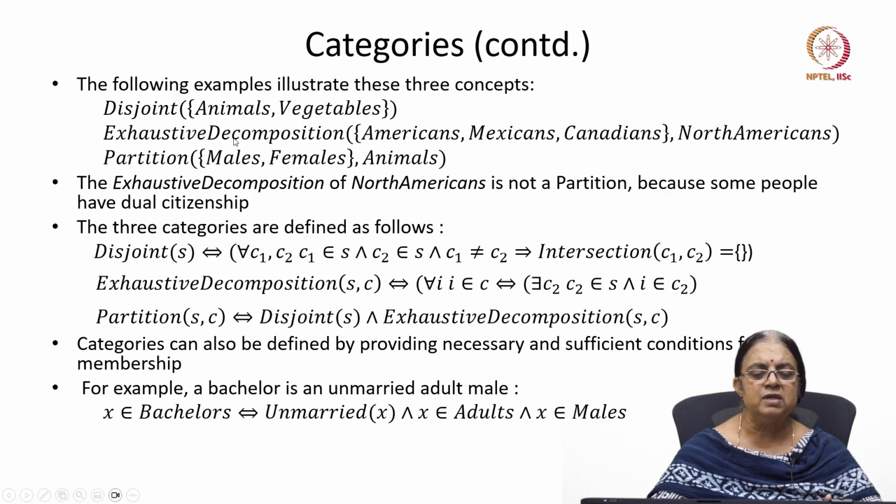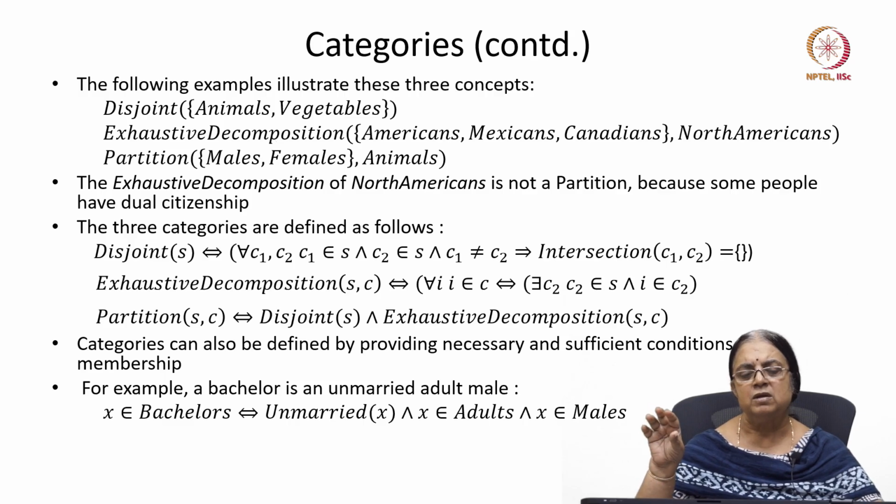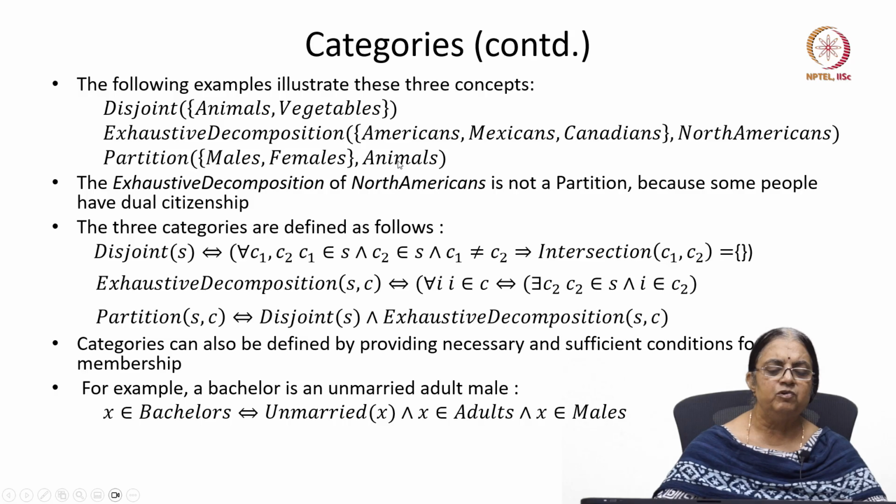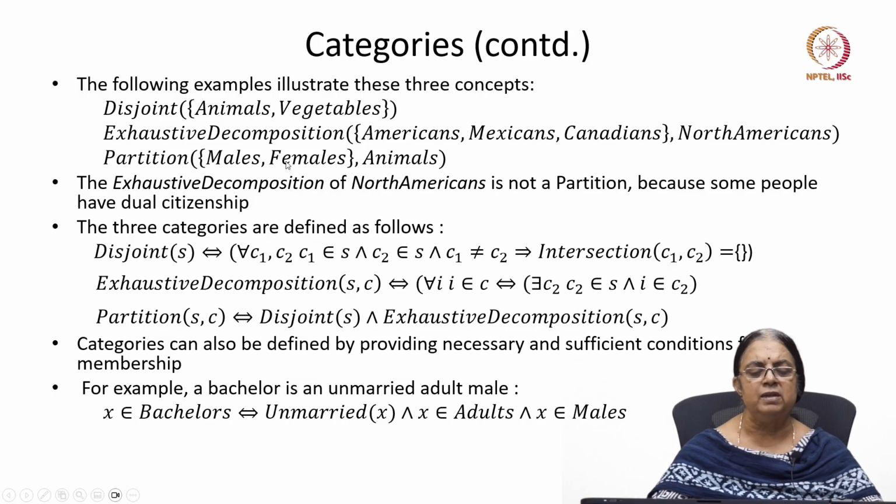So you can say that it's an exhaustive decomposition. If you're a North American, you have to belong to one of these three categories. And male and female, if you take animals, either they are male or they are female. So this is a partition.